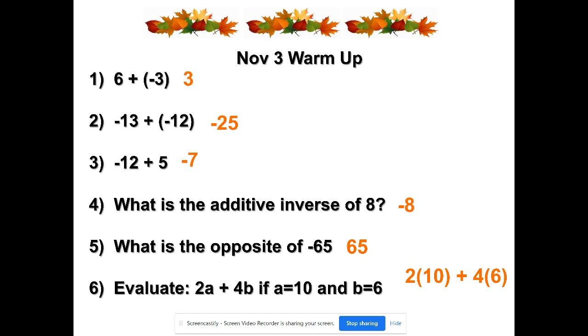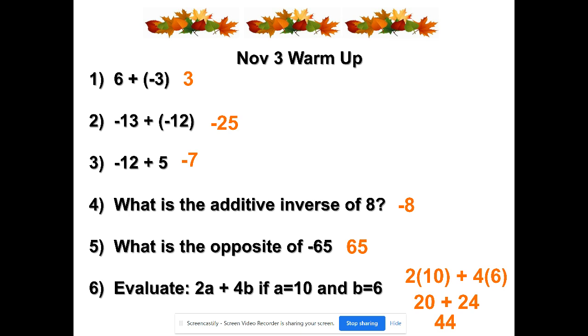So I have 2 times 10 plus 4 times 6. 2 times 10 is 20, and 4 times 6, following PEMDAS, is 24. So I have 20 plus 24, which is 44 for my answer. Okay, so that is it for the warm-up.